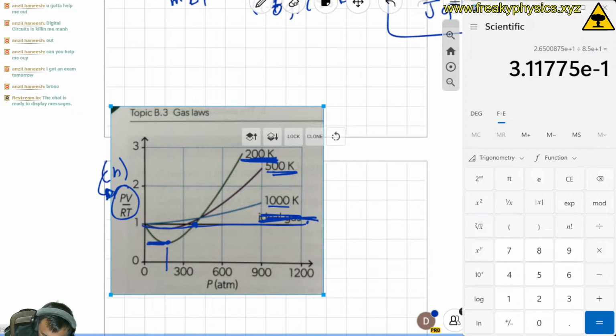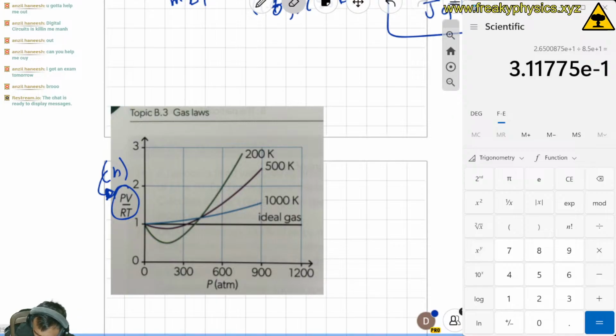Okay, let's erase everything I wrote. You see the black horizontal straight line there? That's for the ideal gas. Now, if you look at this carefully, what is this telling you as well? The higher your temperature, the closer you are to an ideal gas.